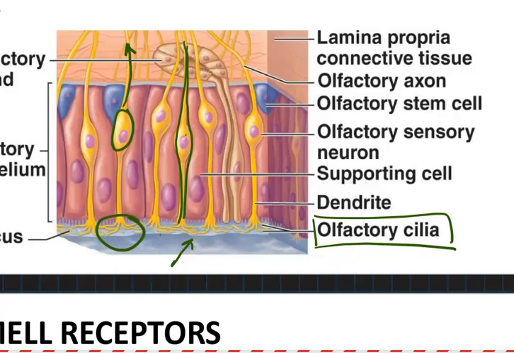Right, but what is it? Smaller. You're on the right track. The M word. Molecules. The smelly substances are molecules. These molecules have to be dissolved. And that mucus dissolves the odorants. So far, we good? Okay, we figured out why we need mucus.